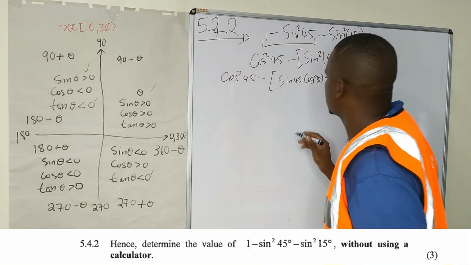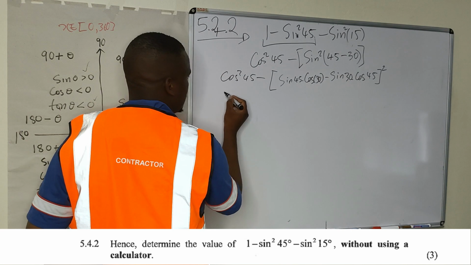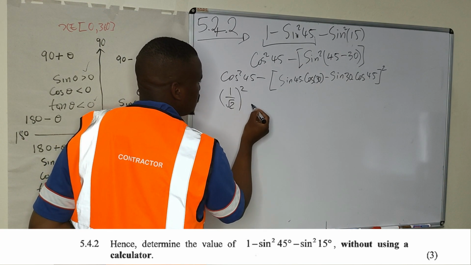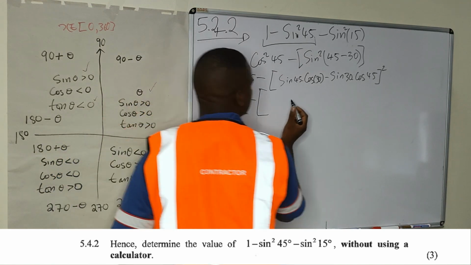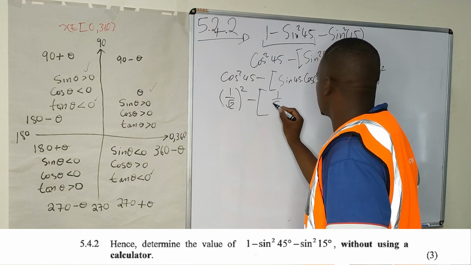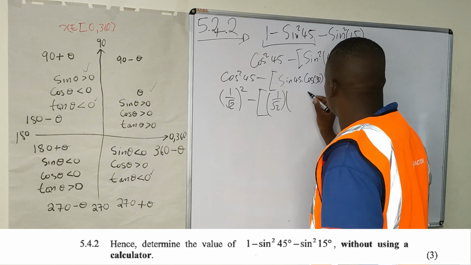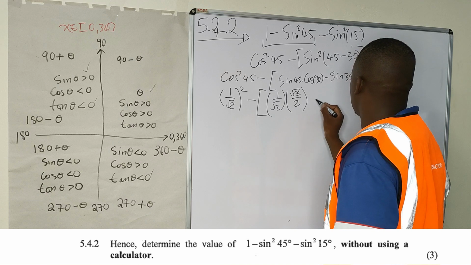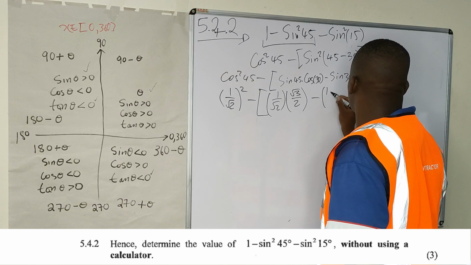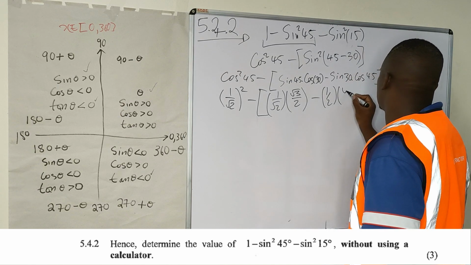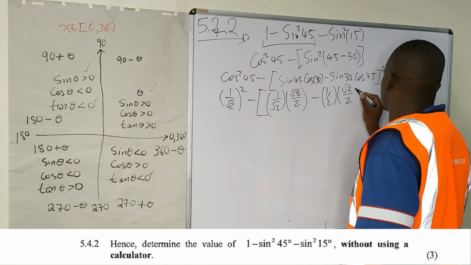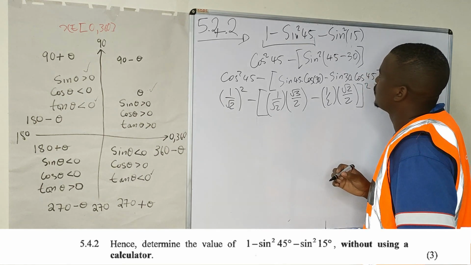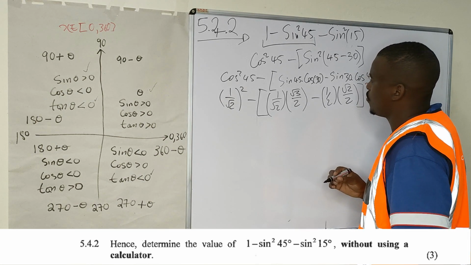So just simplify this. So what you have here, you have 1 over root 2 all squared minus, this is 1 over root 2, this is root 3 over 2 minus half, root 2 over 2. So what do we have?